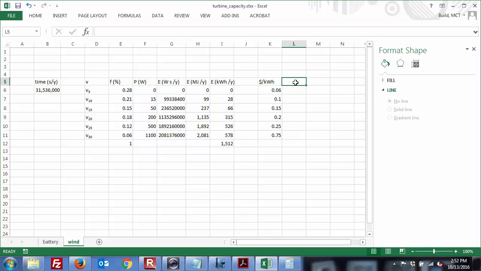So dollars of electricity per year equals that many kilowatt hours, and we'll pin that same cell, times the price, so it's the kilowatt hours times $1 per kilowatt hour.